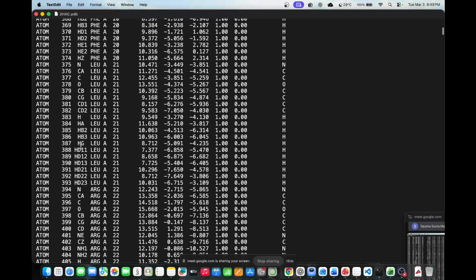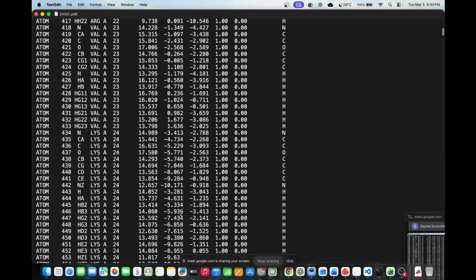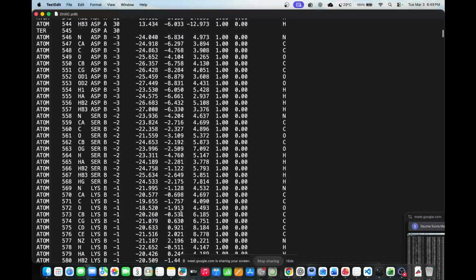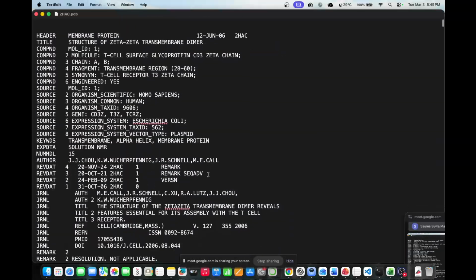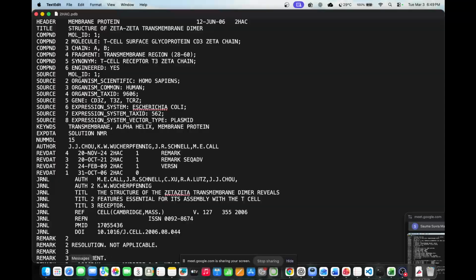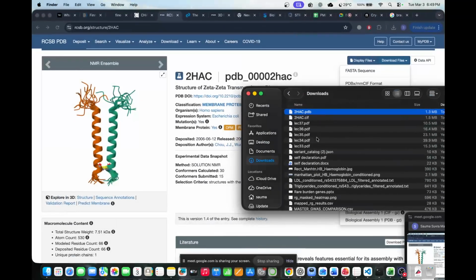What it is giving is that at this particular location there is a leucine. These are the X, Y, and Z coordinates of the leucine molecule, right? It's a very big file. I'm not going to scroll down to the bottom, but this is generally how it looks. There is the .zip file as well, which is the newer format.